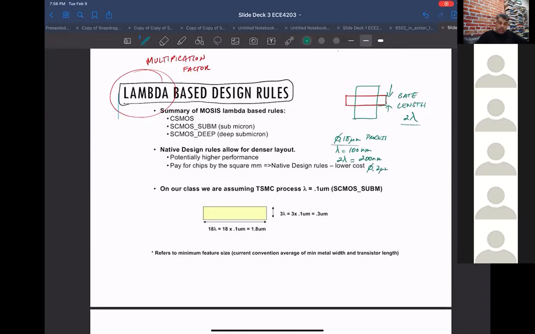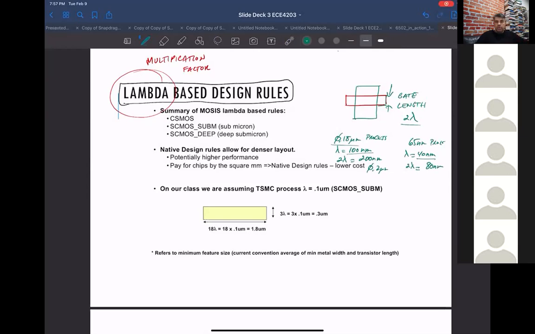Okay. Now let's say I was working with a 65 nanometer process and I made the lambda 40 nanometers. Okay, so 100 nanometers, 40 nanometers. So the same 2 lambda drawing would get made by the foundry as an 80 nanometer gate length.